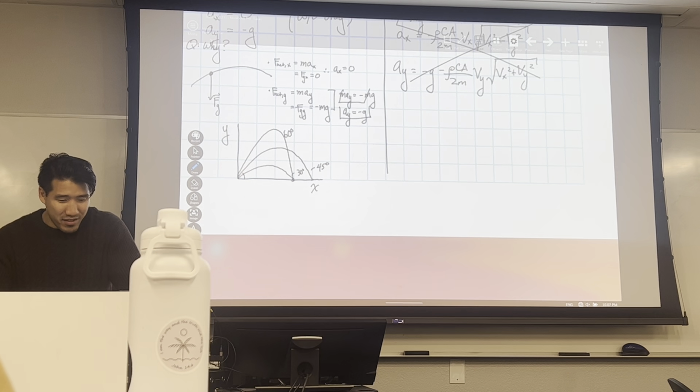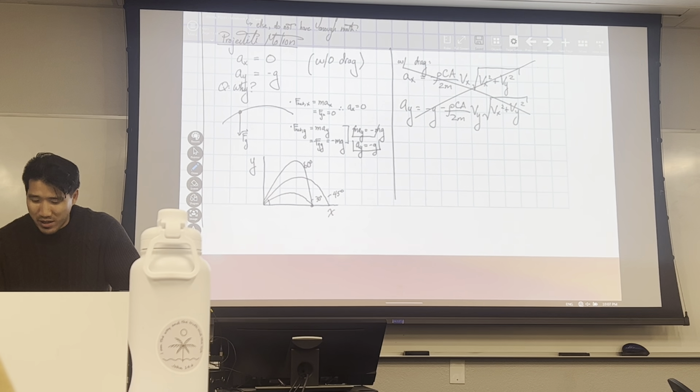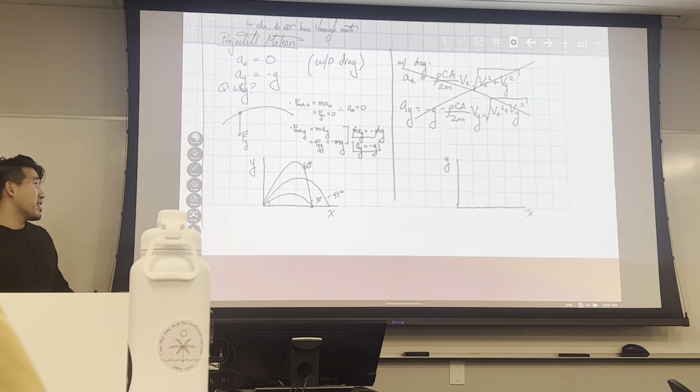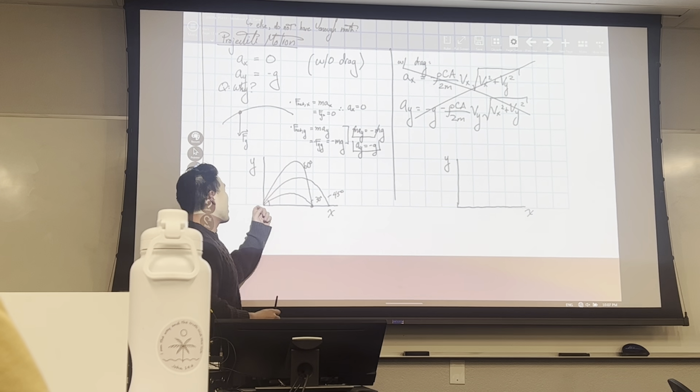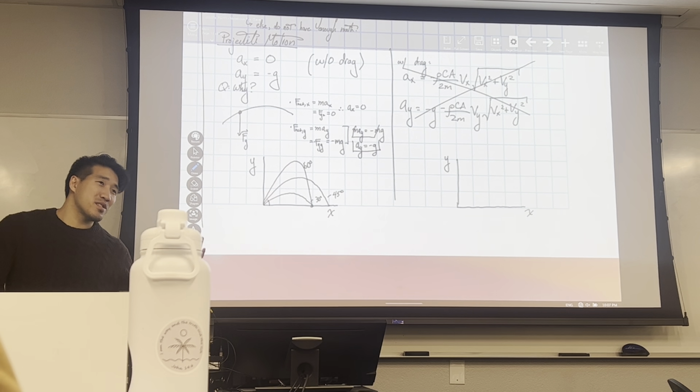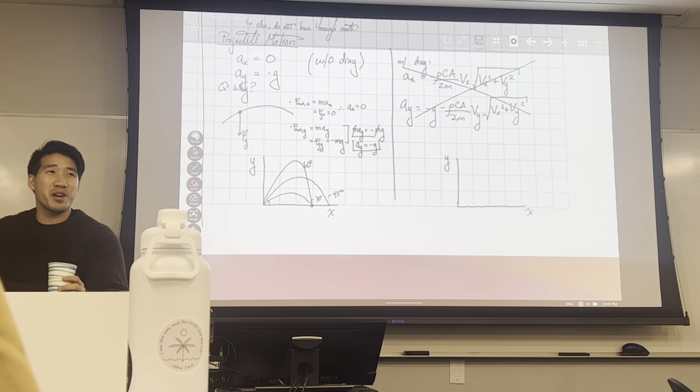This is without drag. With drag, the scenario changes a little bit. With drag, do you guys think 45 degrees will still be the maximum distance you can get? Raise your hand for yes.